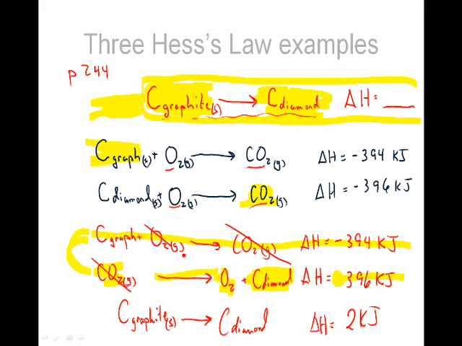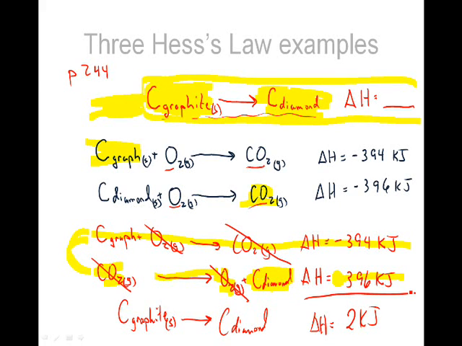Here I have oxygen. This is oxygen in the form of gas, so they both cancel out. So the only thing that's left now is carbon in the form of graphite being changed into carbon in the form of diamond. And to get the change in enthalpy for that reaction, I just add these reactions together.